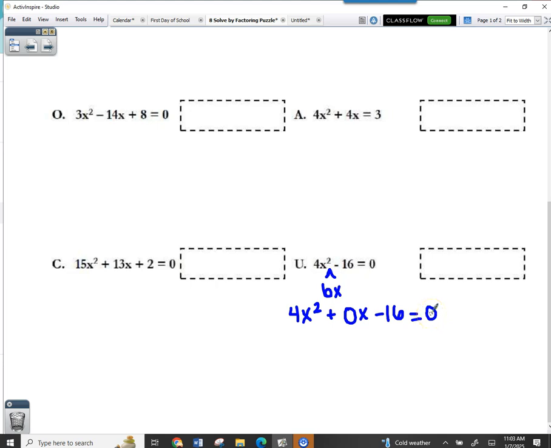Well, if it's adding to 0, then that means the 2 numbers have to be exactly the same but with opposite signs. So it's a perfect square. What's the square root of 64? Does anybody remember? 64's square root is 8. So it's going to be positive 8 and negative 8 that you're going to come up with.